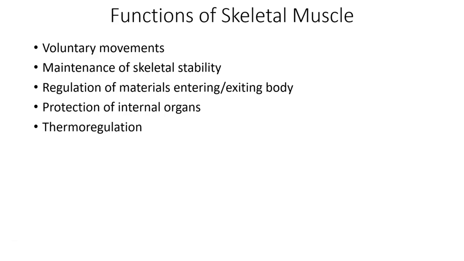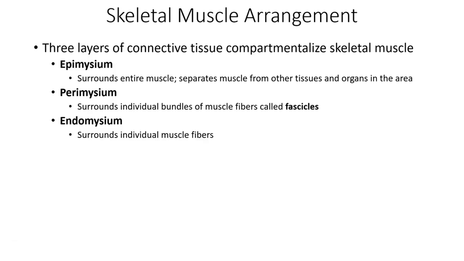It's also going to help protect some of our internal organs, so a lot of our abdominal muscles are going to help offer protection to the abdominal organs along with the abdominal fat. And then thermoregulation is another one, which is helping us to maintain our body temperature. So shivering when you get cold is actually a bunch of skeletal muscle contractions that's going to generate heat and warm you up a little bit.